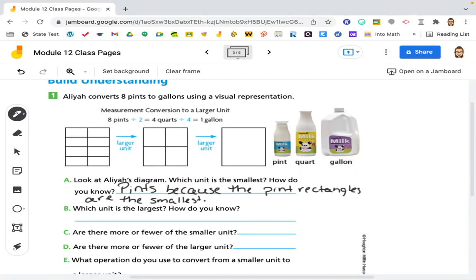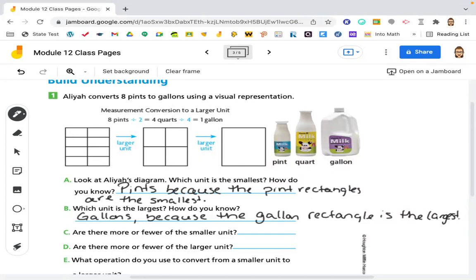Which unit is the largest and how do you know? Gallons. Because the gallon rectangle is the largest.